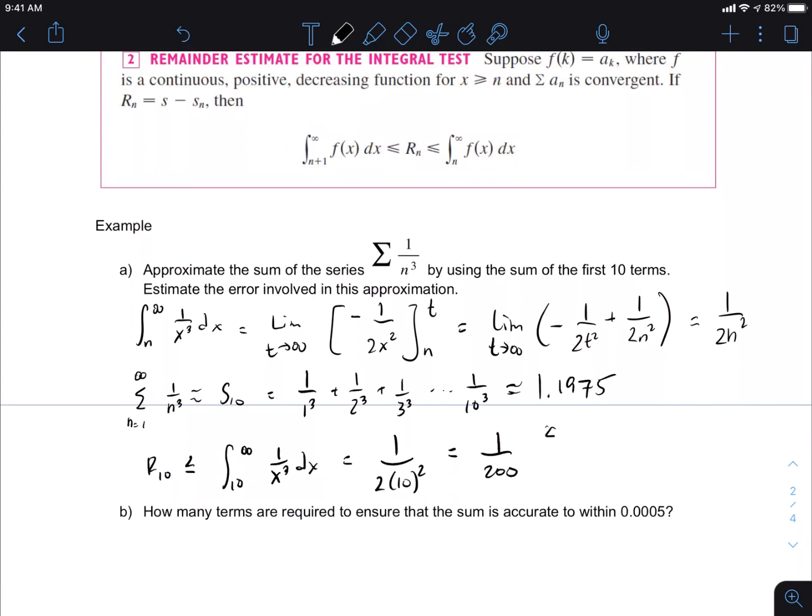So the size of the error is at most 0.005. And so this here, what I did here, this is what's providing us with the error for our problem.